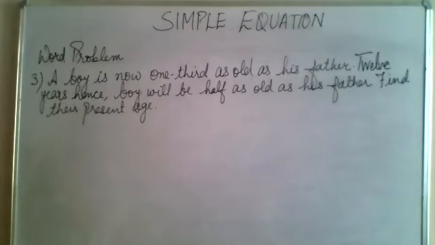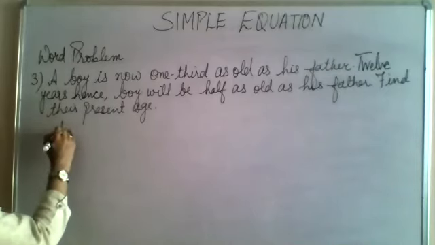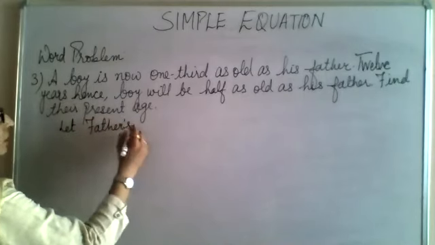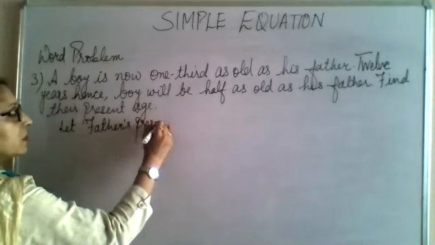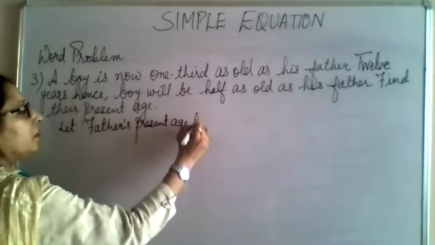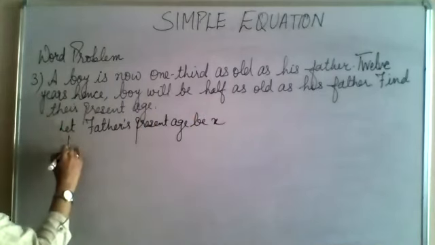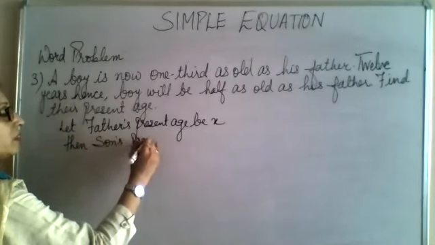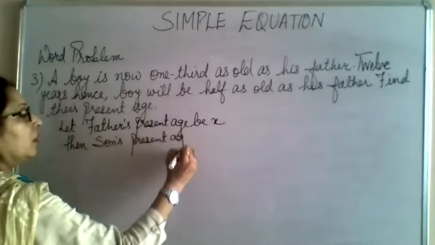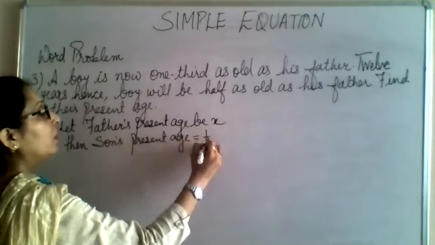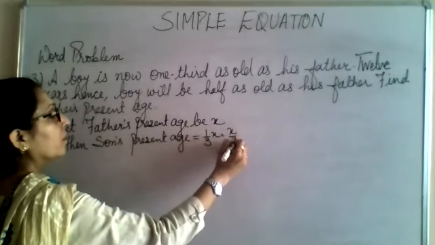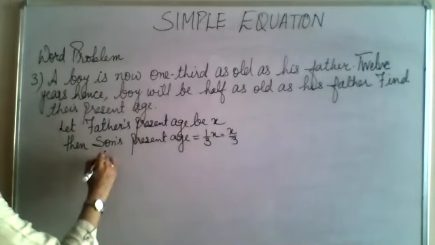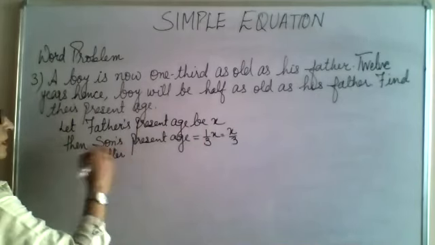Let the father's present age be x. Then the son's or boy's present age is equal to 1/3x. Now after 12 years, it is written here 12 years के बाद relation.